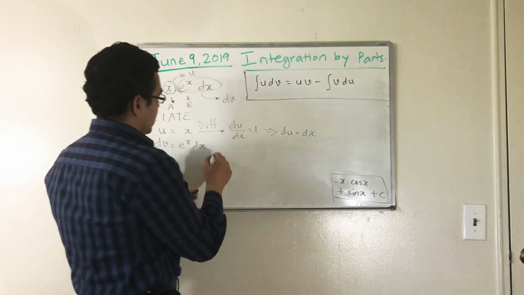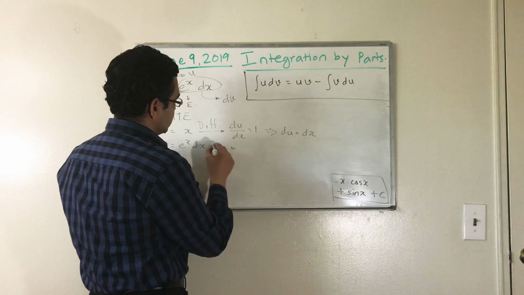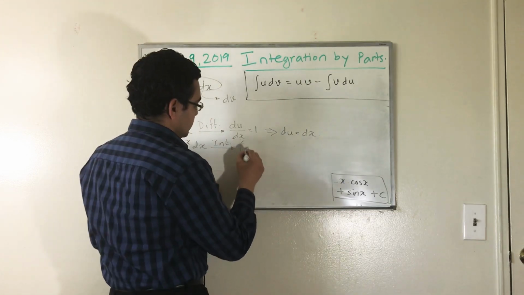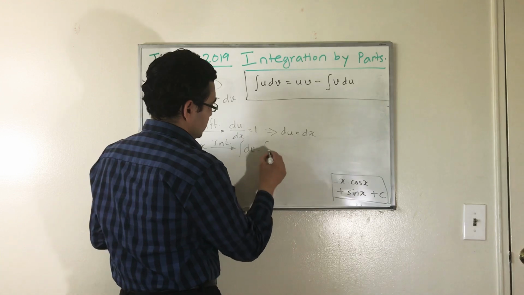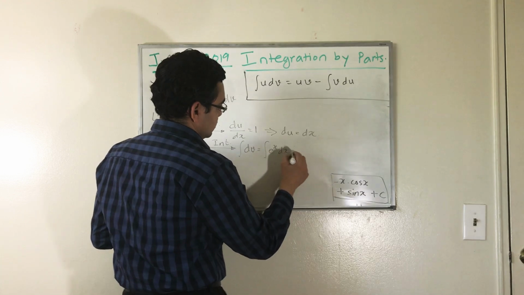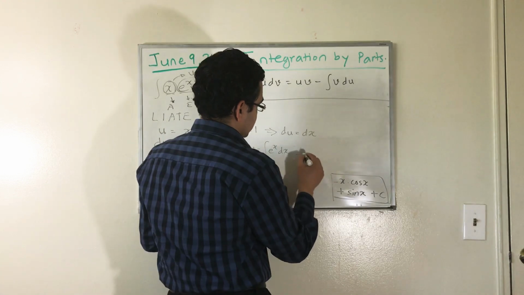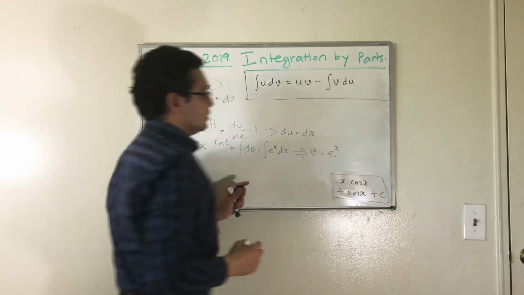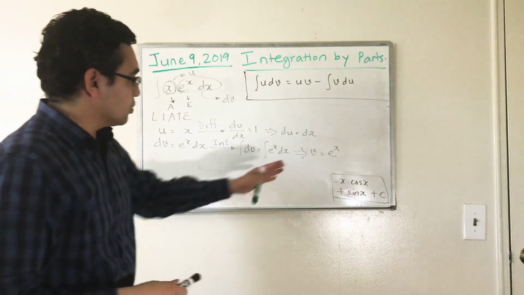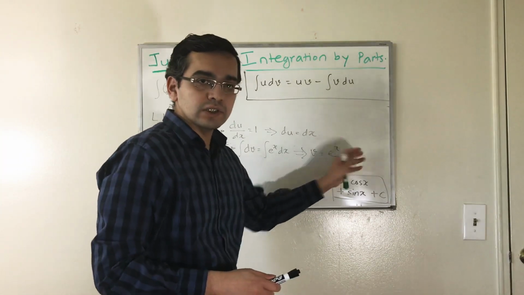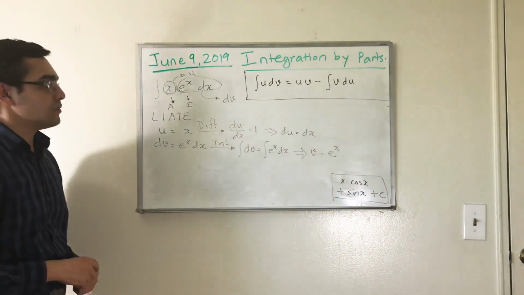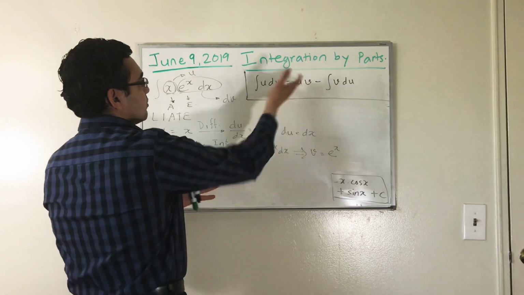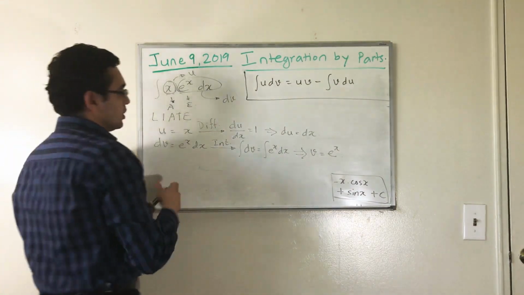And if I integrate the second equation, I get integral dv equal to integral e to the x dx, which gives me v equal to e to power x. And as I said before, we are not going to add a constant of integration here. So let's plug everything back into the formula.